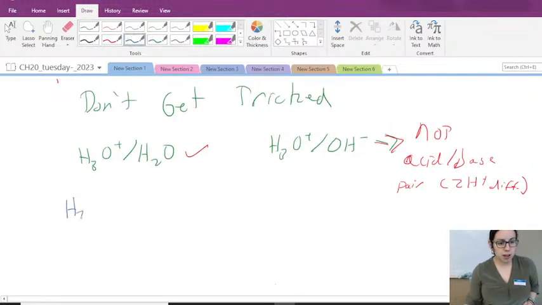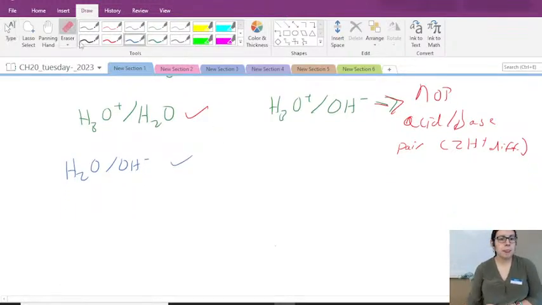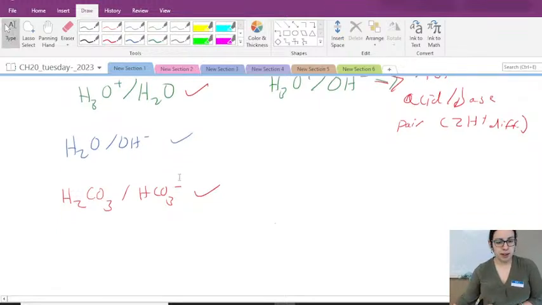And then we can write H2O and hydroxide, well, that's an acid-base pair, so that works. And same thing with the carbonate, so you have H2CO3 and HCO3. So, right, that's an acid-base pair.